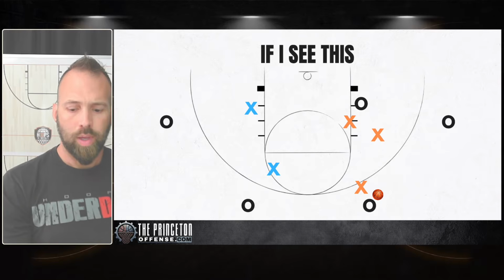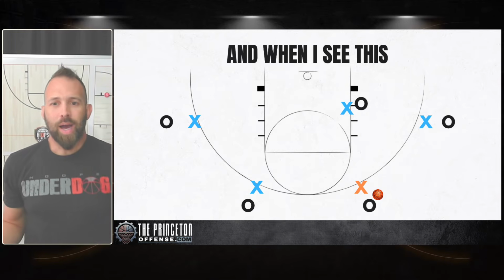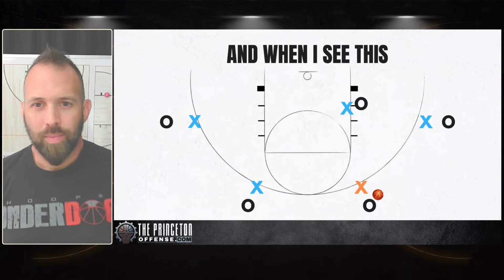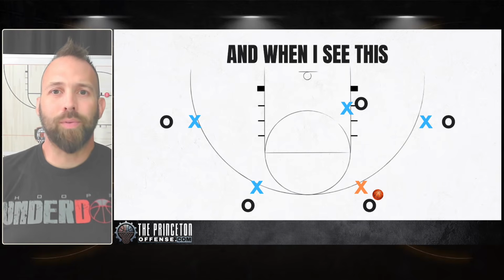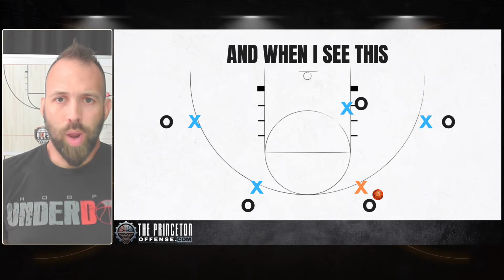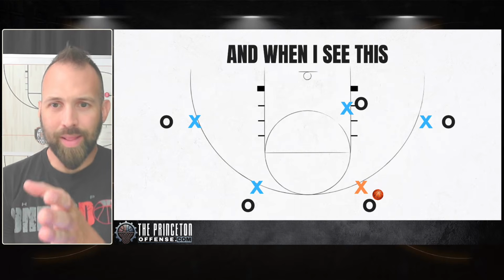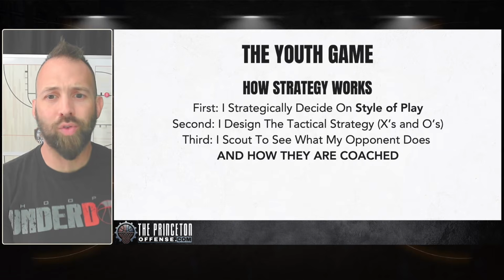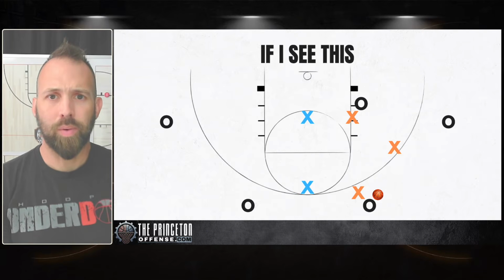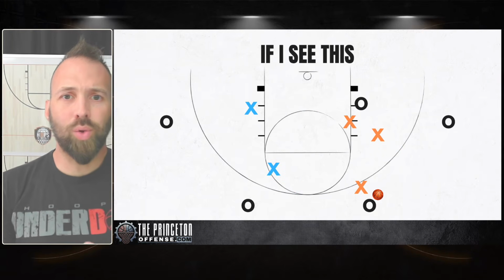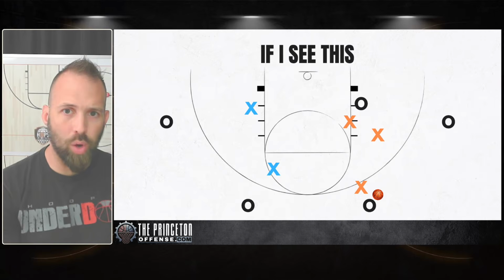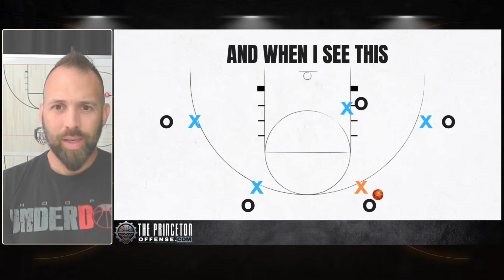If I see this, I'm like, okay, this is a glaring different way the game's played. The way we cut, the way we screen, the way we drive in this scenario is going to be completely different than the way we drive in this scenario. Right? So we need to look at the game, look at the level we're coaching, look at what we see, and then make the adjustment.